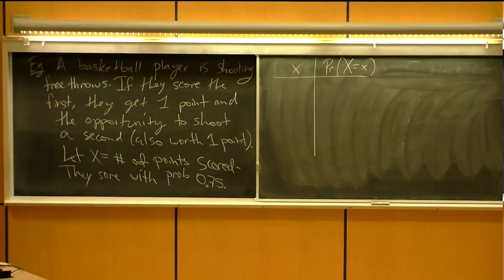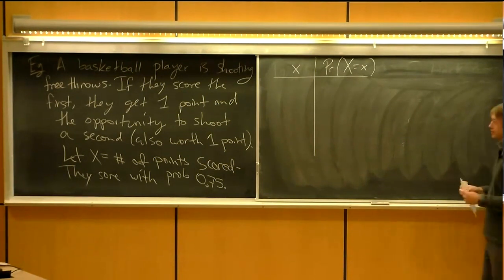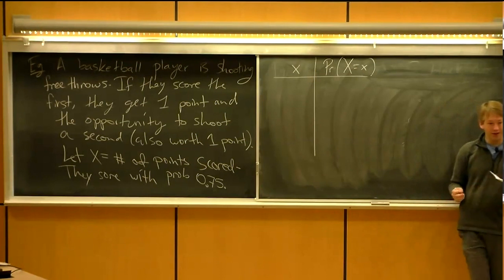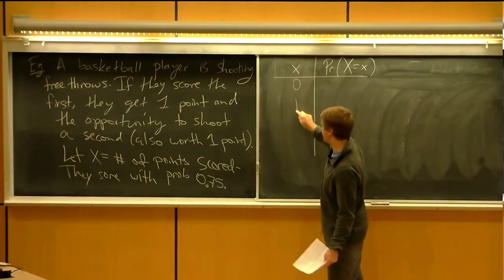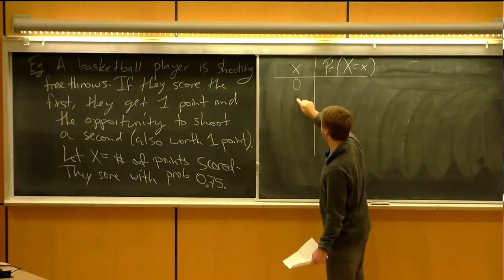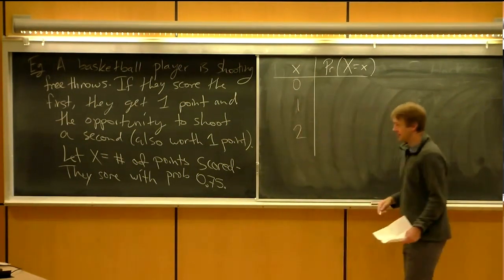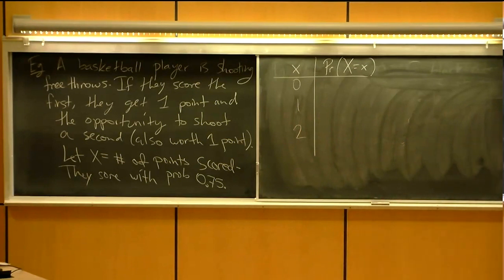So the first thing to ask yourself always is, what are the possibilities here? What are the possibilities for x? Yeah, exactly. And this question you asked is relevant for that, right? So this doesn't keep going forever. What's the probability they score 0 points? Right, because you got to think about this.